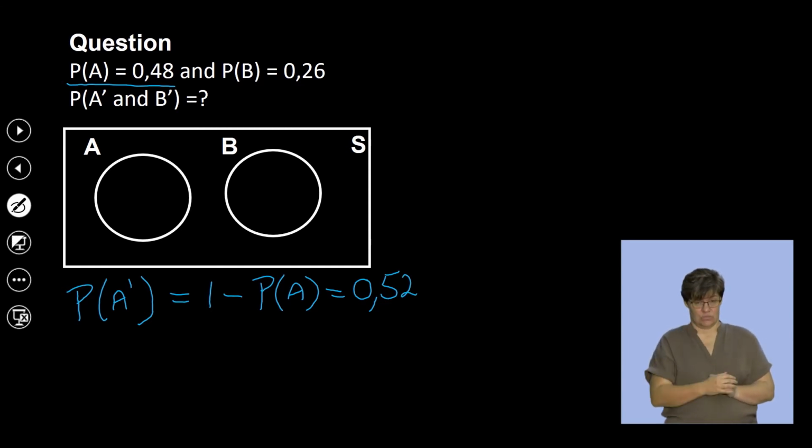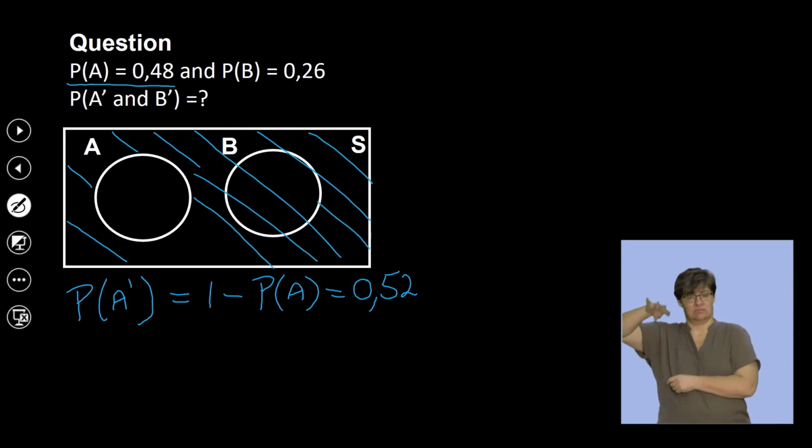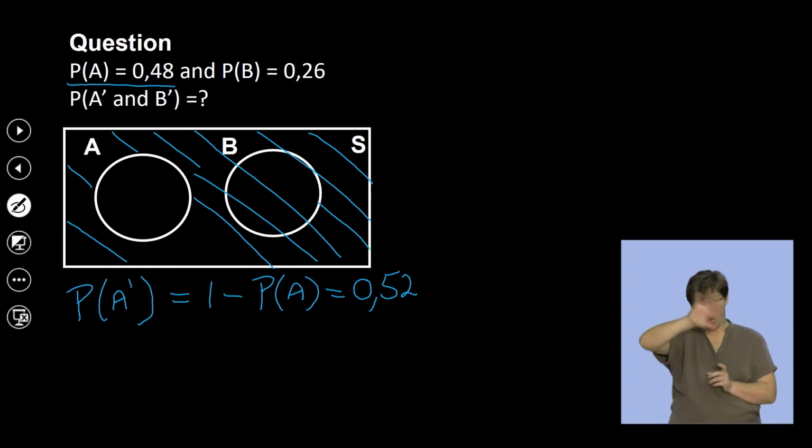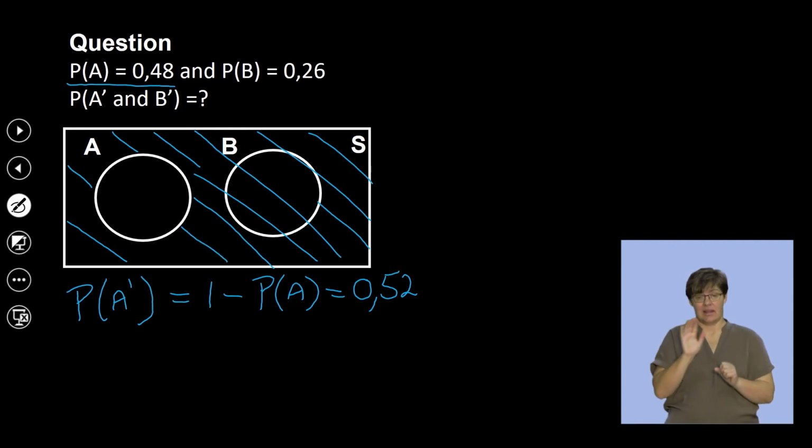And if I were to shade that, I would shade all this area that isn't in A, including B. How about that? I would have to shade B as well. Now, I recognize that that would cover the whole sample space, notice I'm not covering A, I'm only covering what's not in A. And I've got the probability of not A.